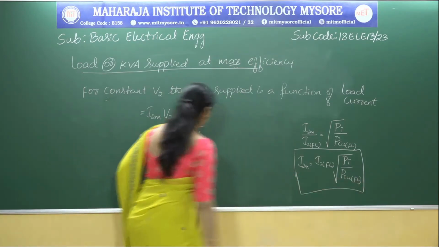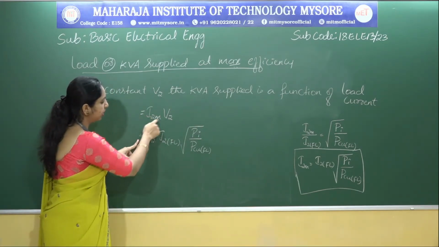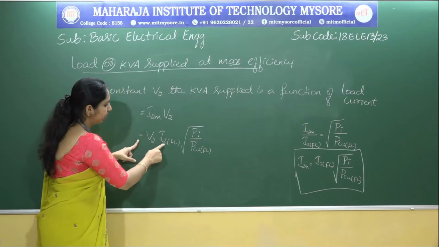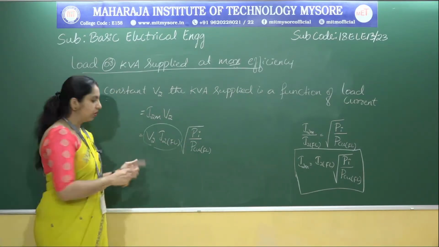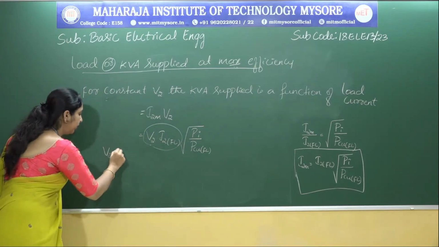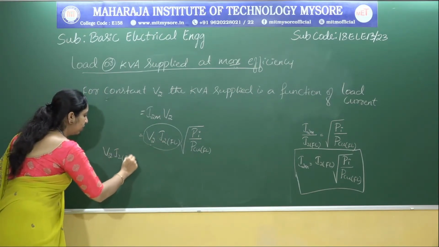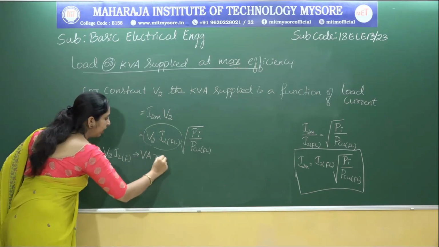So here we have obtained V2 into I2 full load. I have just substituted this I2M here. What is this V2 into I2 full load? We can consider V2 into I2 full load as the VA rating.